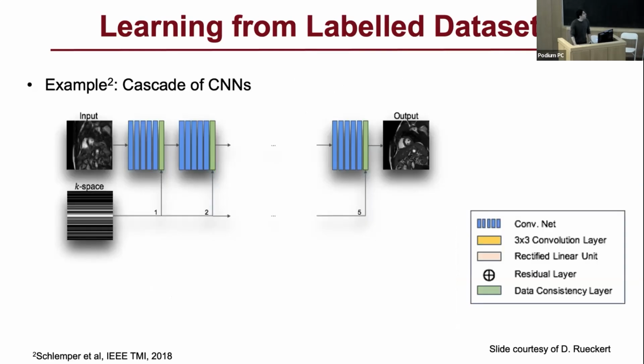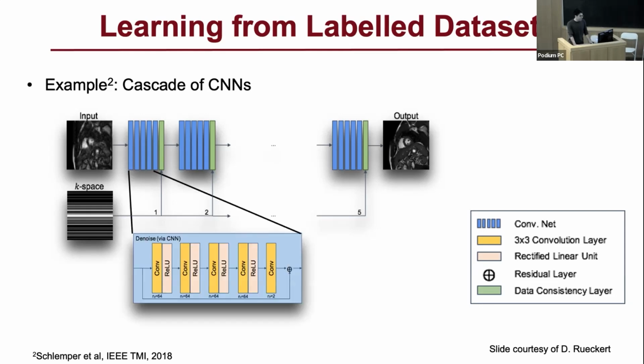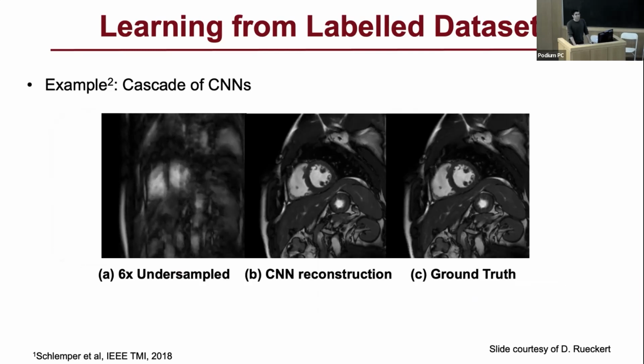The follow-up work replaced the variational networks with convolutional neural networks. Here you can see a cascade of neural networks followed by data consistency. And they also showed you can get really good reconstruction quality.